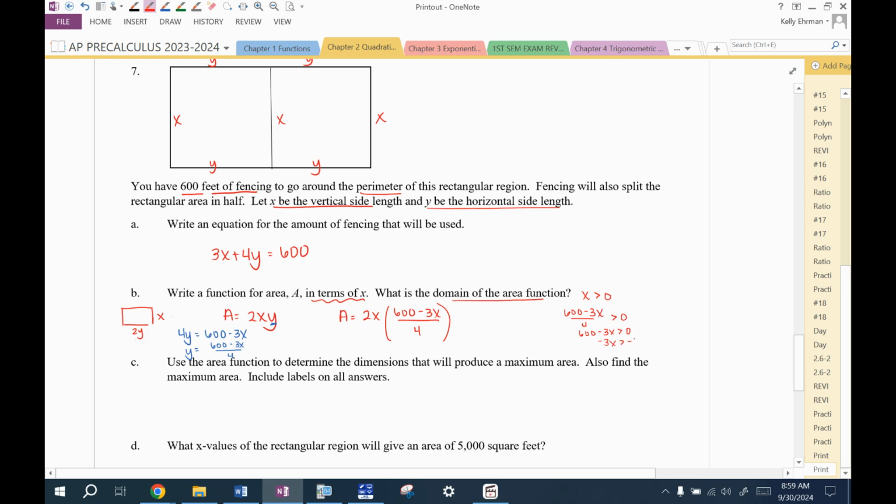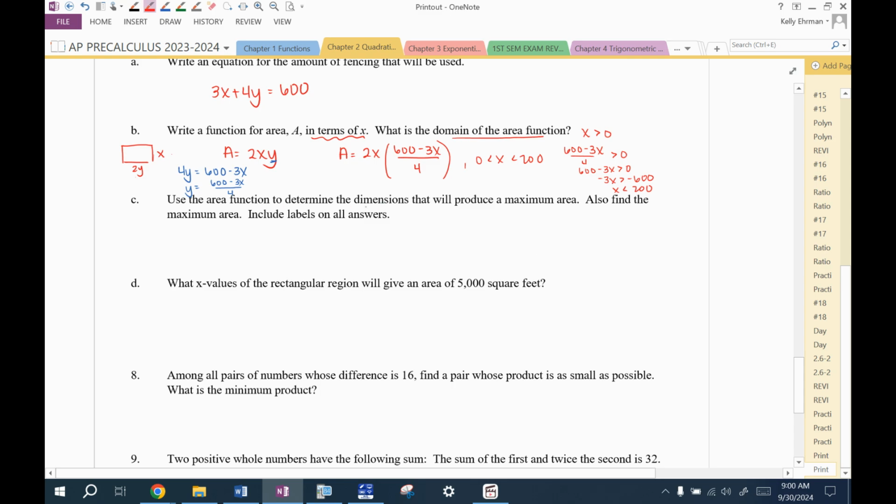And if I solve this, divide by negative 3, so flip that. 600 divided by 3 is 200. So as long as x is between 0 and 200, then I should be able to get all of the areas that generate here. All right, so you always do that. X needs to be greater than 0 and y needs to be greater than 0. Instead of y, I'm using my expression that I solved for y.